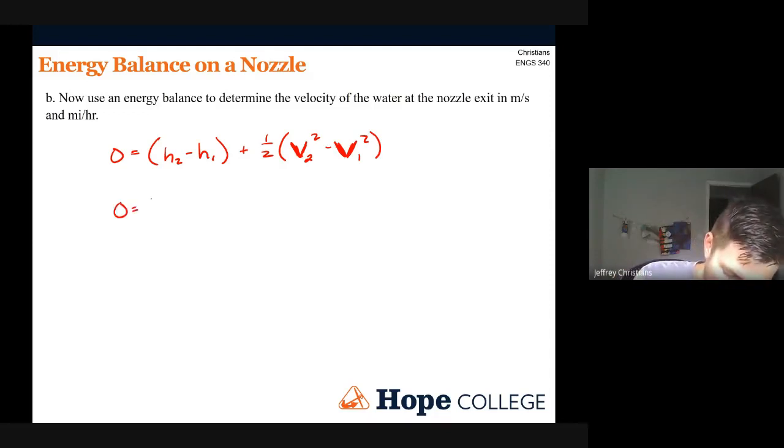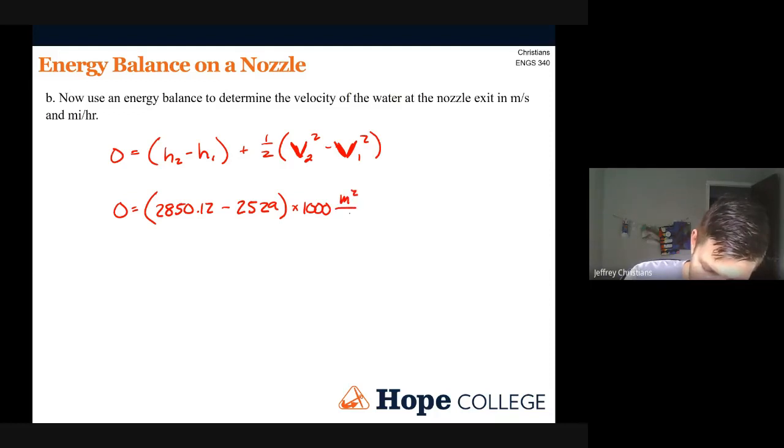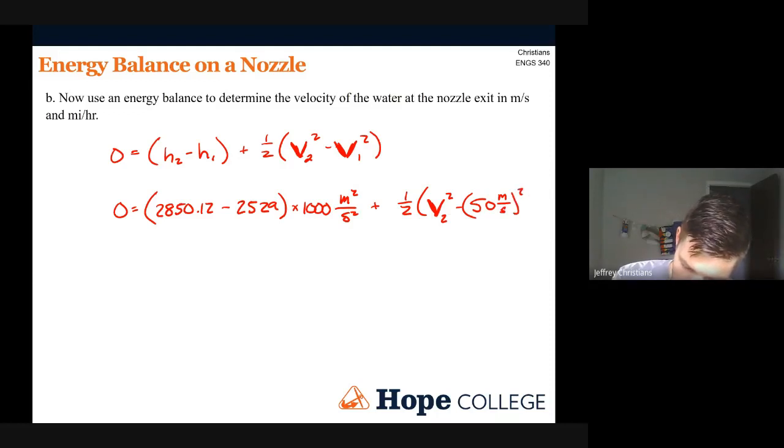This is just now 2850.12 minus 2529 times 1000, and that would have units of meters squared per second squared, plus 1/2 V2 squared minus 50 meters per second squared.